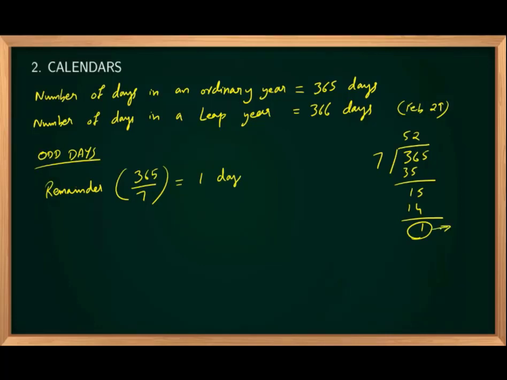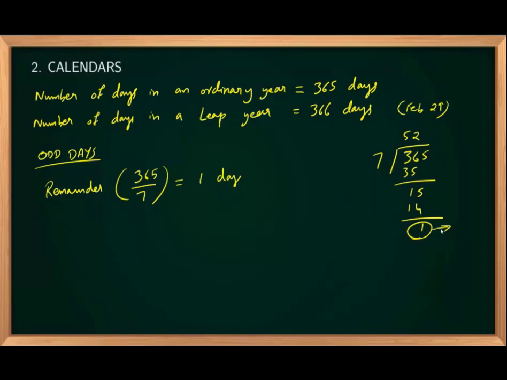So the concept is, if a certain number of days are given, you have to find the odd days. Just divide that given number by 7 and take the remainder. The remainder will give you the odd days. Is it clear?